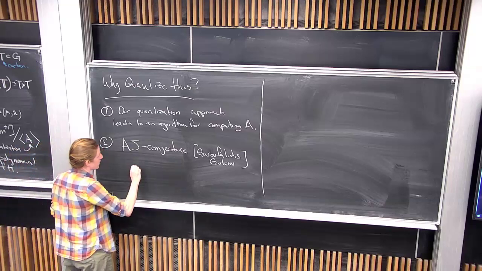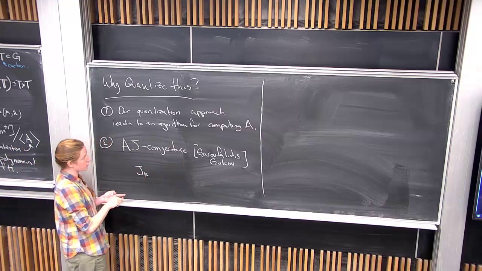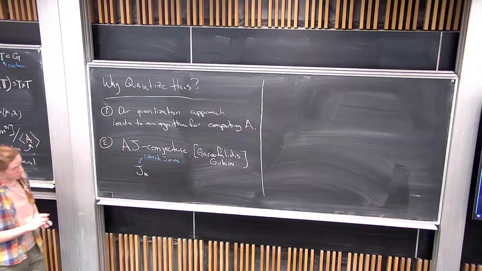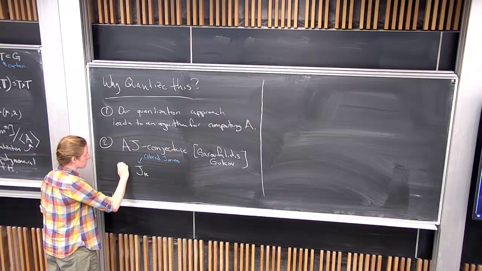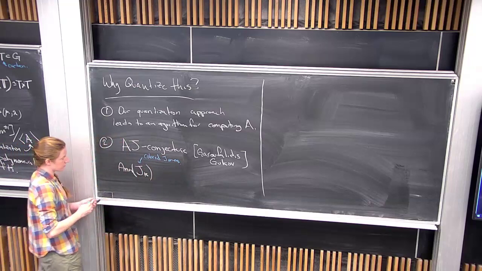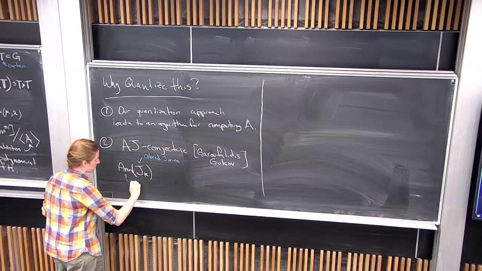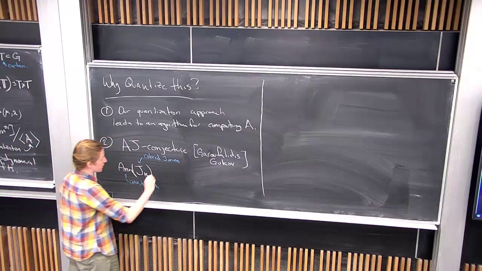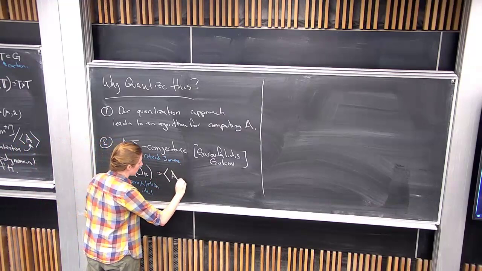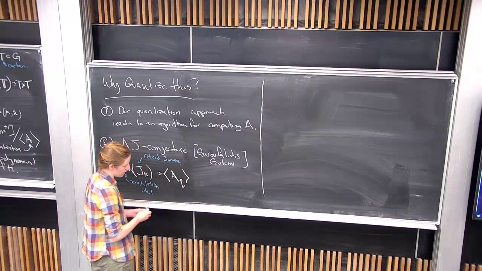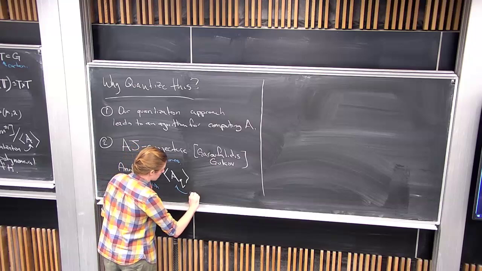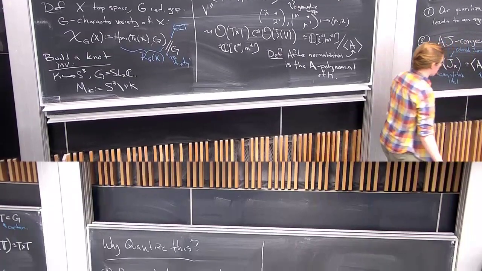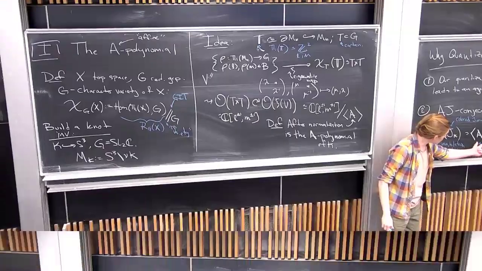What this says is that if I look at another invariant called the colored Jones polynomial, which is beloved, and I look at its annihilation ideal, then this thing is actually generated by a quantization. But getting this quantization is really non-trivial.